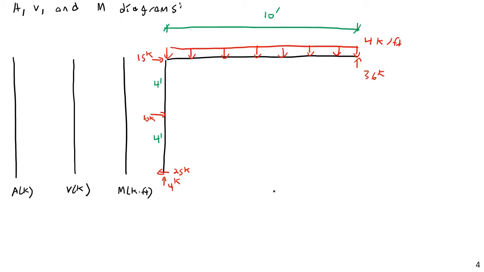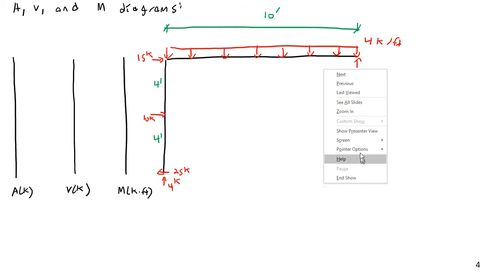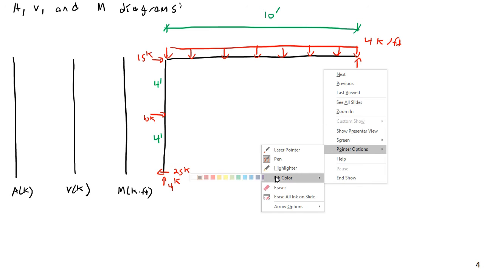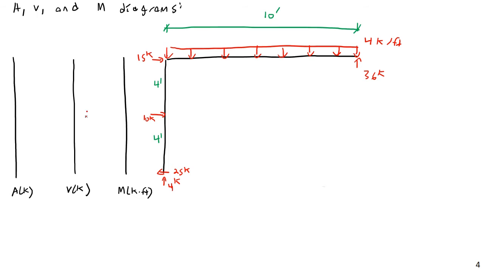Yes, a question? Okay. A would be your axial load, or your normal force. So, we would have a constant axial load of negative 4 kips.